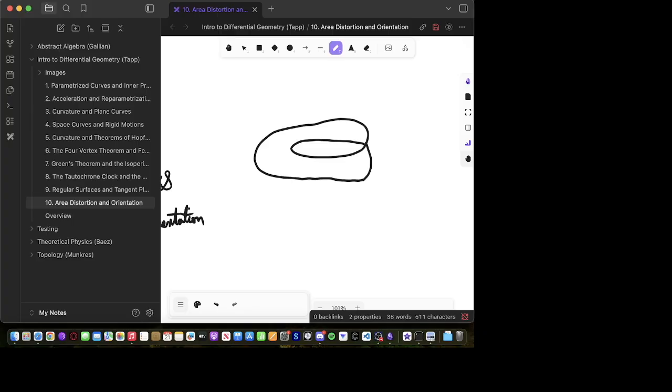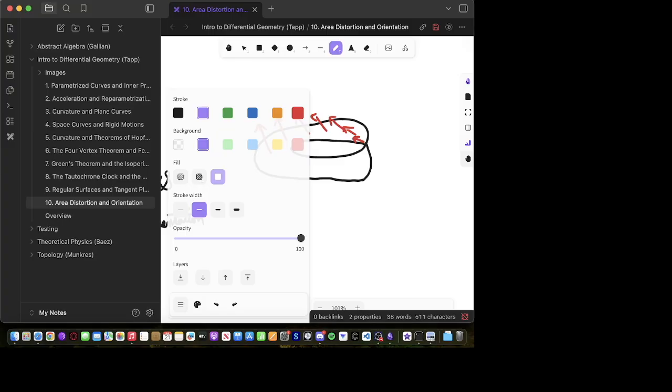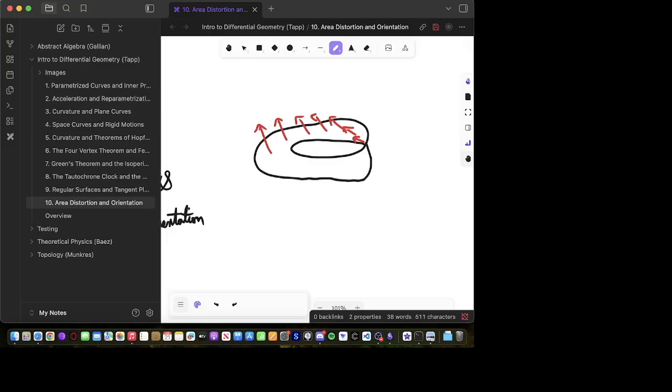So let's take a look and see what happens if we try to impose an orientation on this surface. We choose a normal vector like that, so that's fine. So what happens if we extend it further?